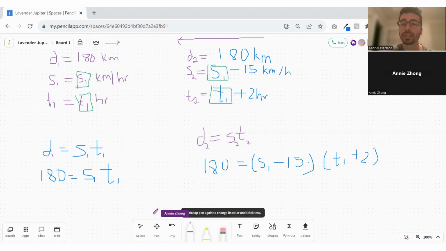Do you remember the two different techniques that you can use to solve a system of equations? So for this one, maybe we can use the quadratic formula. Quadratic formula will help us eventually. But if you have two equations and two unknowns, there's two different strategies that you can use to solve for them.